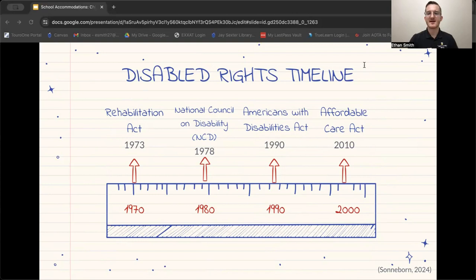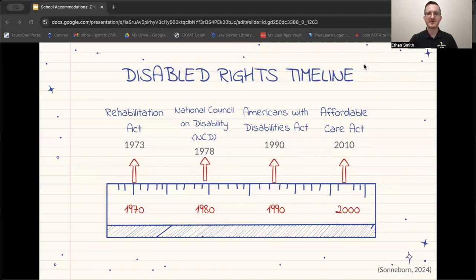In 1982, the National Organization on Disability was formed as an advisory board within the Department of Education. Its purpose is to promote policies, programs, practices, and procedures that guarantee equal opportunity for all people with disabilities, regardless of the nature or severity of disability. The Americans with Disabilities Act, or the ADA, was ratified in 1990.